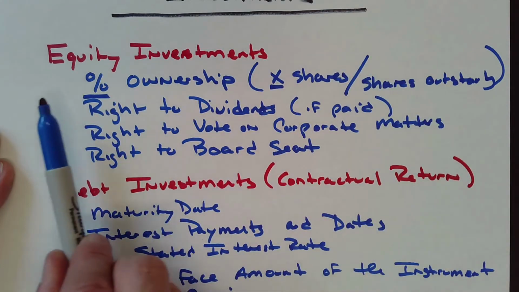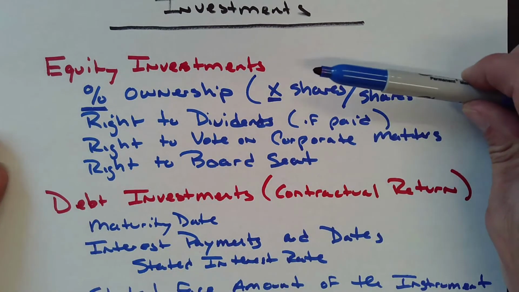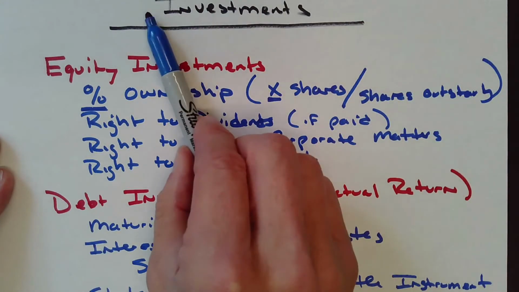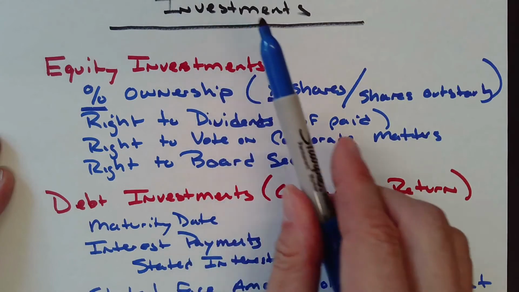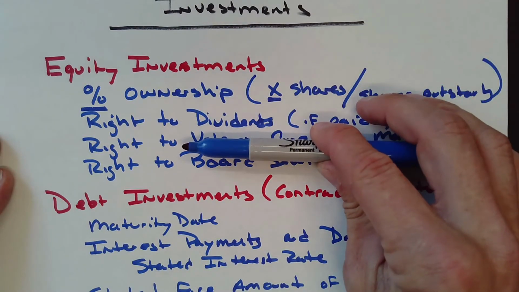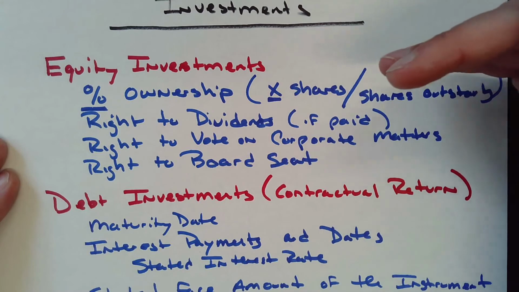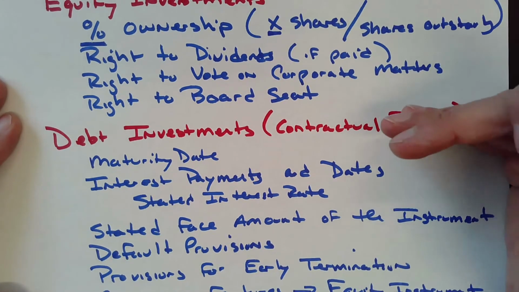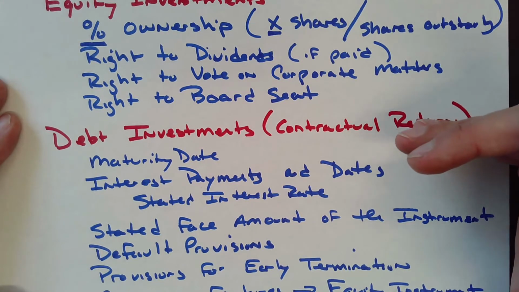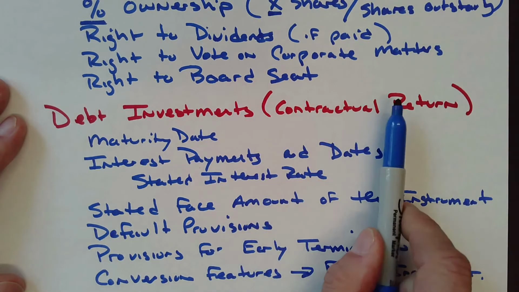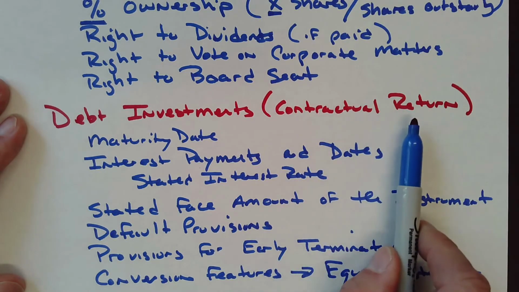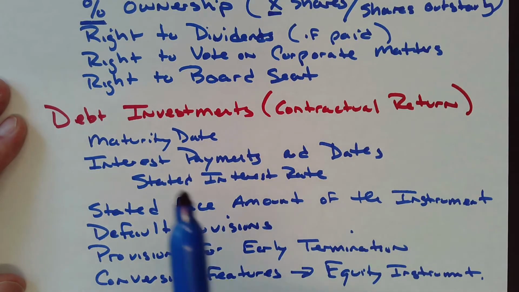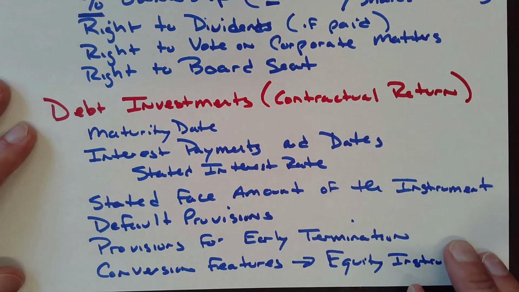And as you start aging, right now as a 20, 30 something, you should have most of your stuff in the equity markets. As you start getting old like me, you start moving it from the equity markets into the debt markets, fixed income instruments, where we know we have contractual obligations and contractual returns based on the payment dates, the stated rate, the maturity date, et cetera.